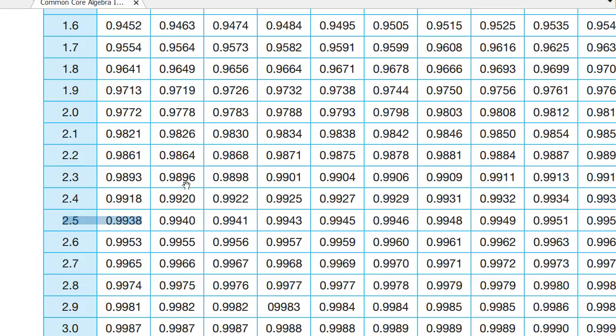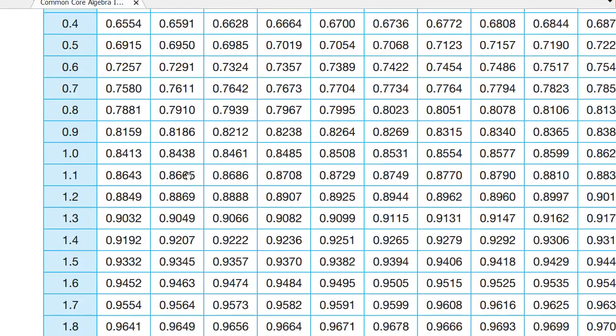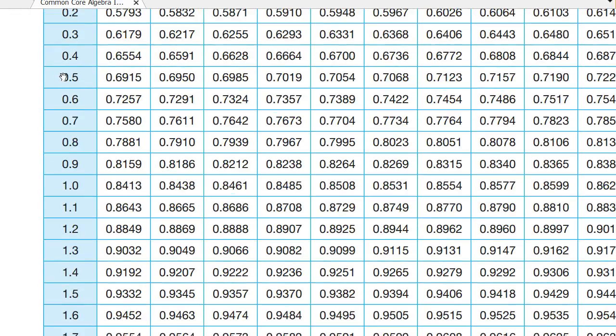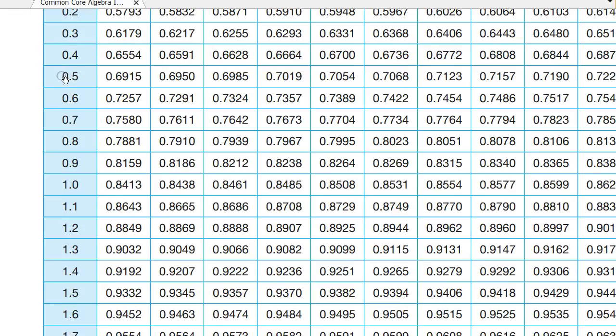Okay, so let's come back over here and find the row that says 0.5. The row that says 0.5 is this row right here, there we go. So we are on this part right here, so that's 0.6915.